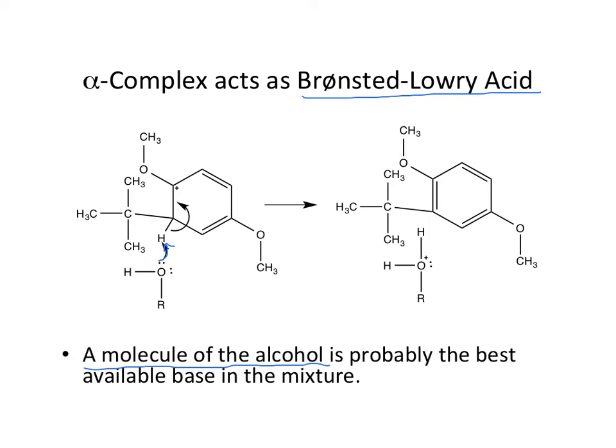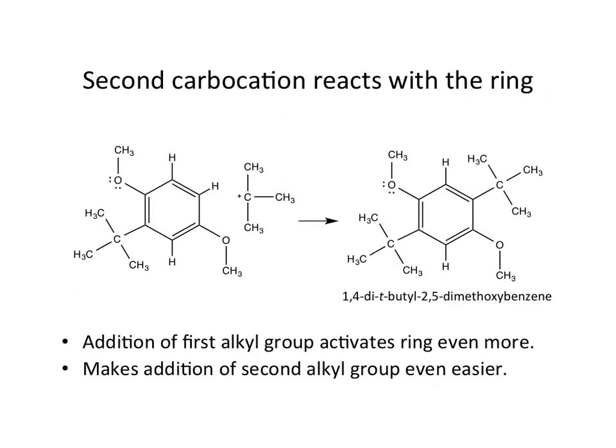The alpha complex acts as a Bronsted-Lowry acid. The electrons in the carbon-hydrogen bond fall into the ring to recreate the aromatic system, and that step of the reaction is complete. And then, this ring is activated.